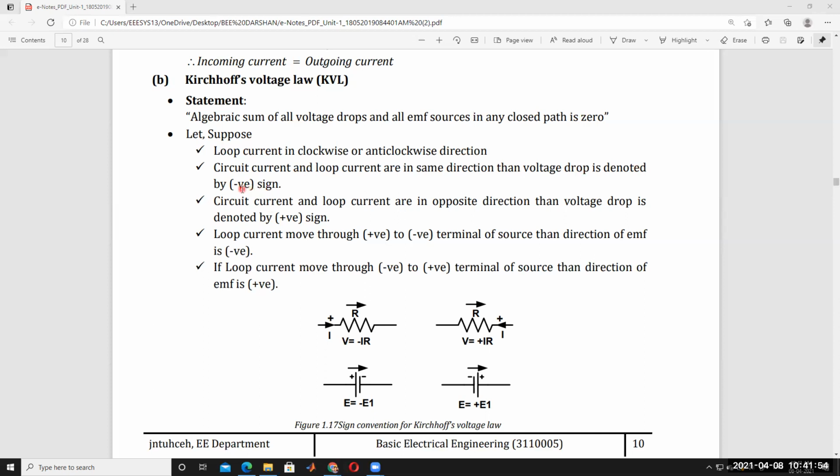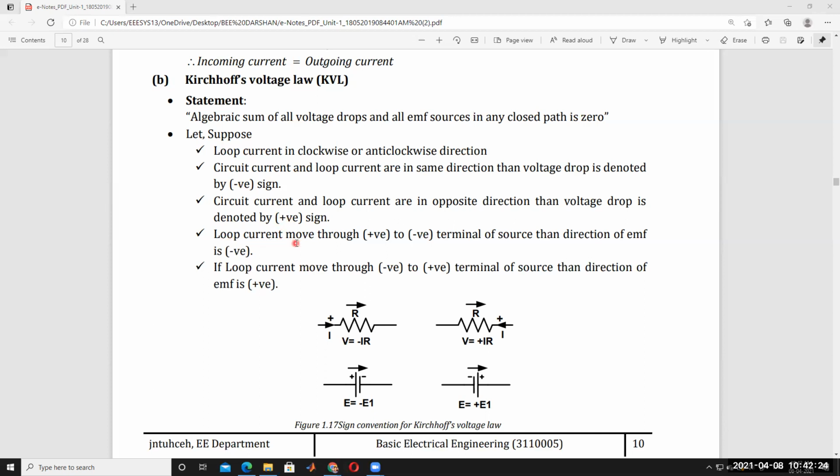If you want a positive sign, take positive, but then for the opposite direction it must be negative. These notations are not fixed. One must have one sign and the other must have a different sign.